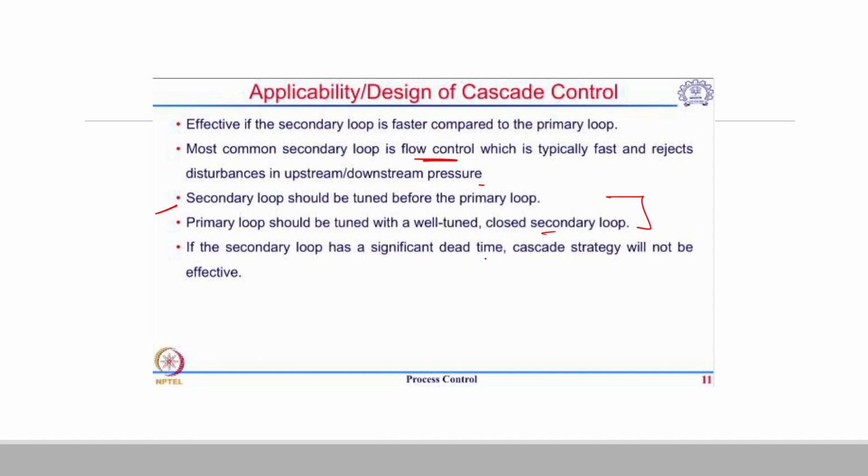And if the secondary loop has a significant dead time, the cascade strategy will not be effective. So yes, if the process is itself very slow, then cascade control strategy won't be effective. That is, if the secondary loop is very slow, that is, if I just change the valve opening and the fuel gas or the flow rate through the valve increases, but it takes a large amount of time to increase the temperature.